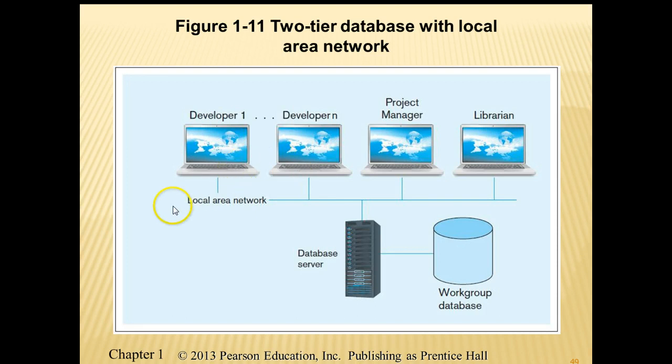So this was one thing I wanted to cover real quick. The text talks about the different types of database structures, and you have a two-tier database model, which you see sometimes, but not very often anymore.